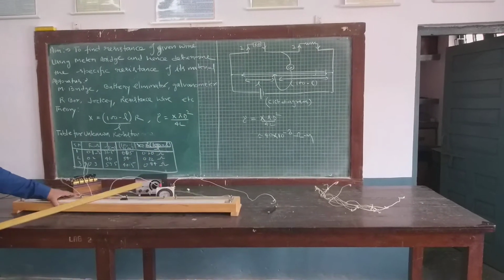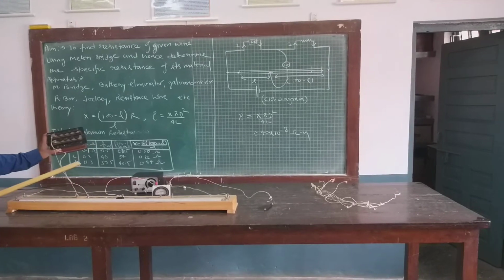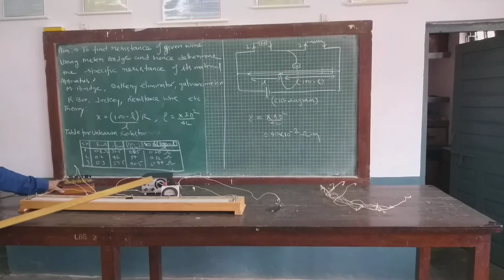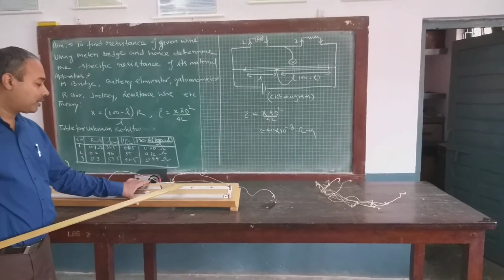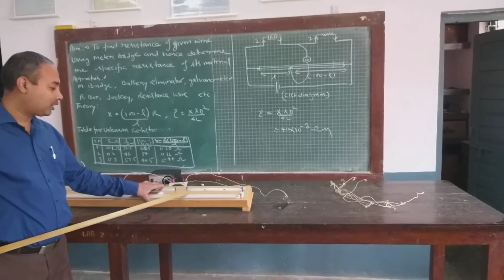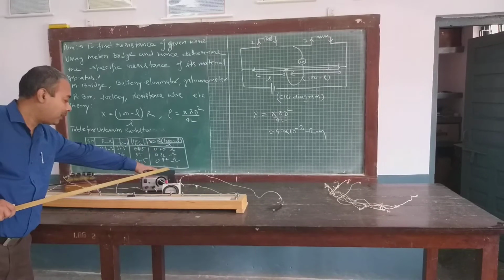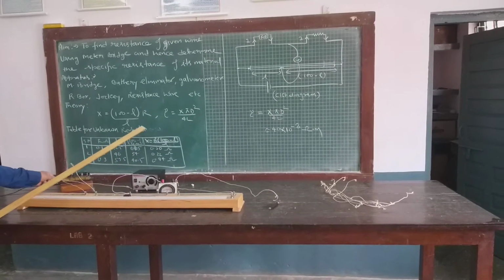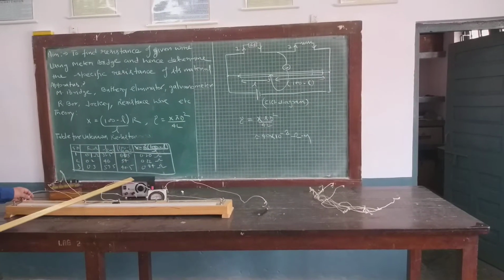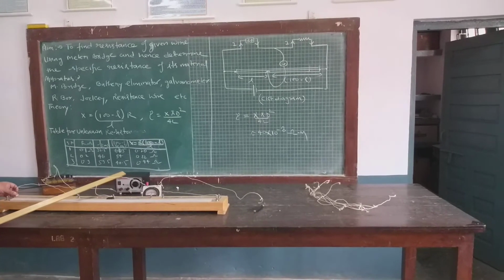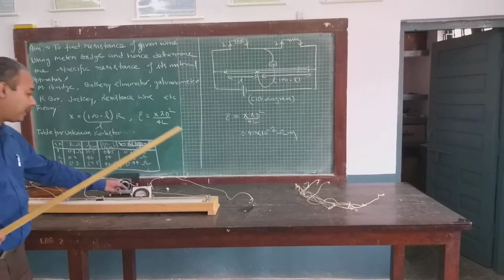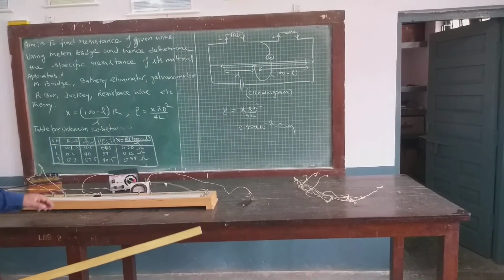Just see here that the resistance box has been connected across the first terminal, and the unknown wire has been connected across the second terminal, which has been provided in the meter bridge. Then there is a battery eliminator. The two ends of the meter bridge are connected with the battery eliminator, positive terminal with one end and its negative terminal to the other end.